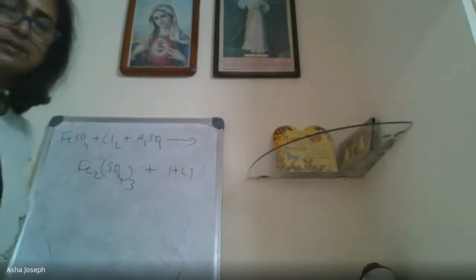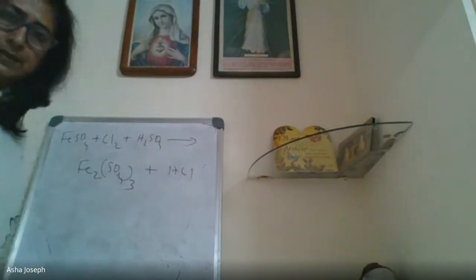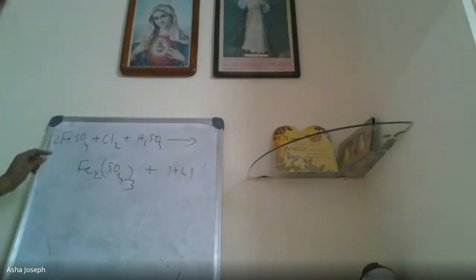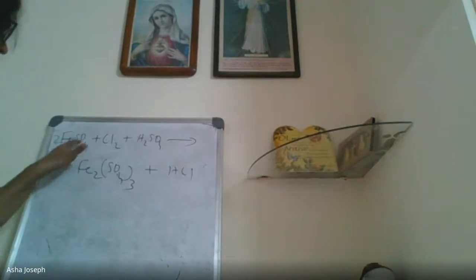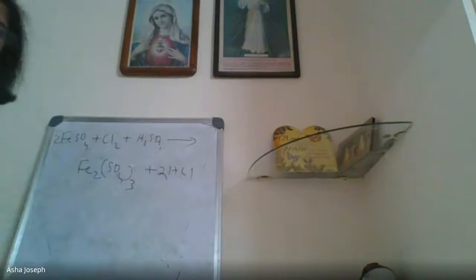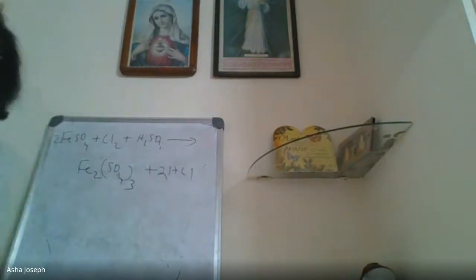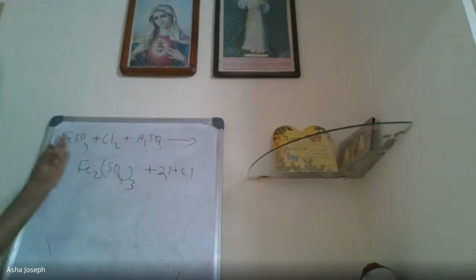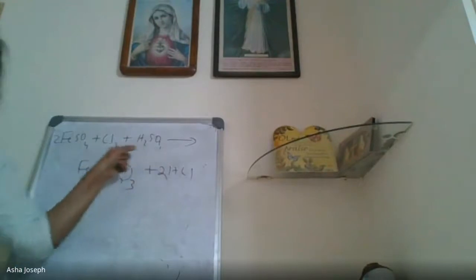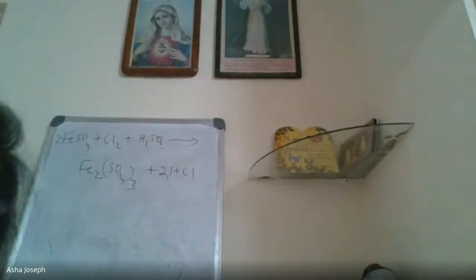So if you learn like that, you can easily write the skeleton equation, isn't it? Now we have to balance. 2 ions, so we will put 2 here. And so SO4 becomes 3. That is done. And hydrogen becomes 2. Done? So the first thing, all these things you should know: byproduct HCl, ferrous sulfate to ferric sulfate, and here alone sulfuric acid. Write and learn, then the other 3 we will write.